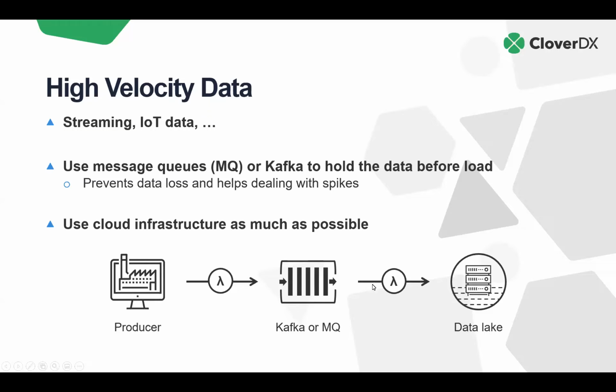The little lambdas over here, I put them there because you can either use Lambda functions or similar concept from other cloud providers when you are loading data from producer here, or you can use them later to maybe batch it a little bit and load it into data lake, so that you are not loading a single record at a time, but some sort of micro batching, or applying some sort of data validation rules, so you reject data that you for sure do not want, and so on.